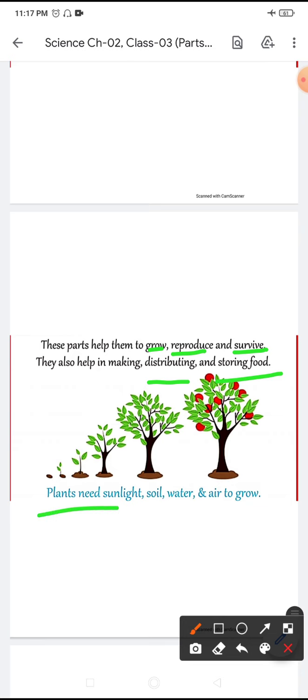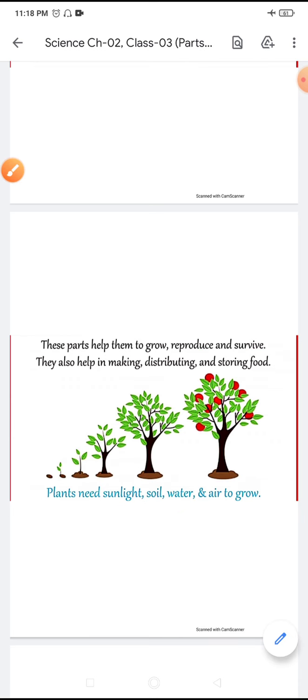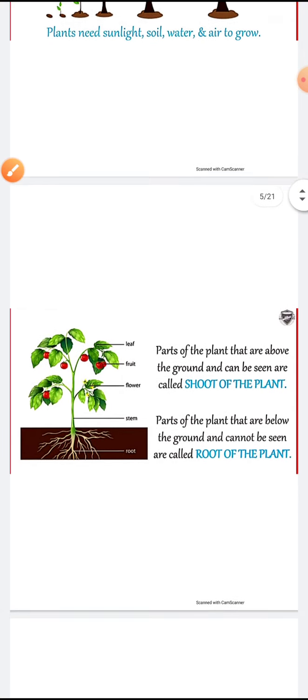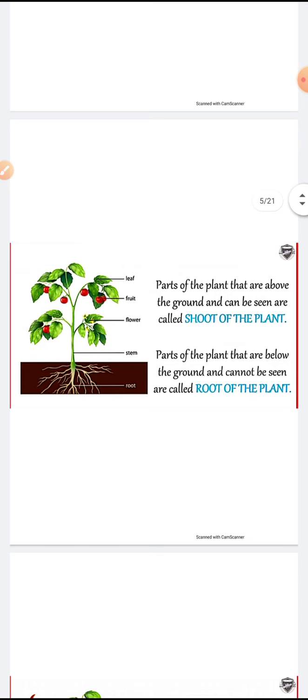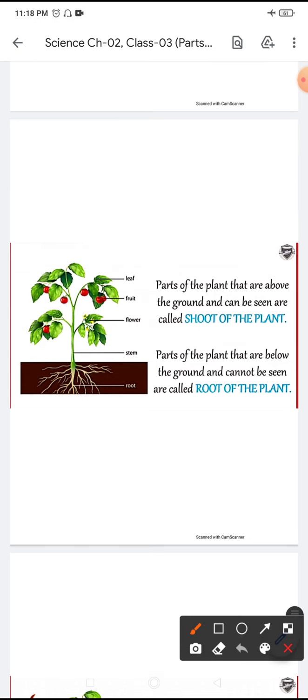Plants need sunlight, soil, water, and air to grow. In the presence of sunlight, leaves make their food because leaves have a green pigment called chlorophyll. That's why they are able to make their own food, and this is called autotrophs, producers.